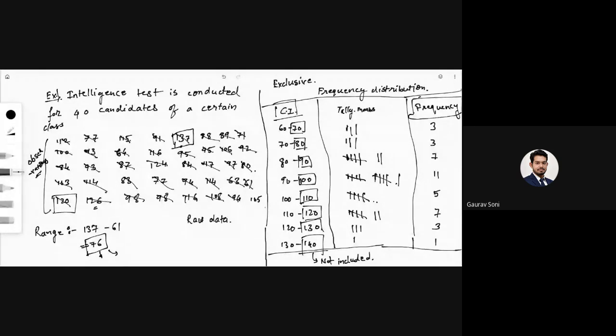Using that raw data, we have derived a table. A table consists of class intervals as well as the frequencies. So such a table is called the frequency distribution. Okay, so this covers all the concepts required for interpreting data, right?